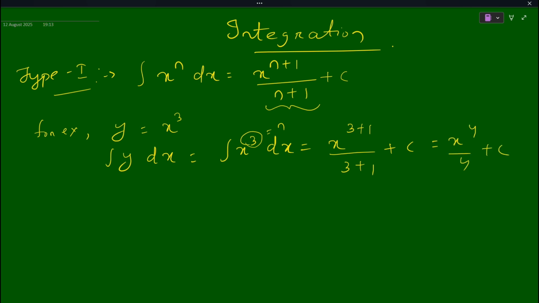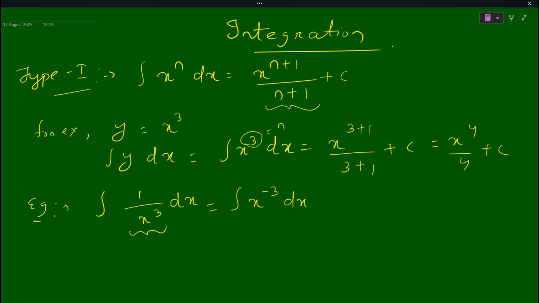Let's take another example. Suppose I want to find the integration of 1 by x cube dx. Here we can convert this function 1 by x cube to x to the power n form by simply taking this x to the power 3 to the numerator, and this value would be equal to x to the power minus 3 dx.